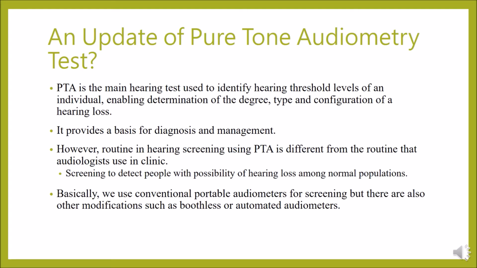On the other hand, screening, compared to a full diagnosis, is a much simpler method as it only identifies who may have a disorder and who is in need of a further assessment. Thus, routine hearing screening is slightly different from what we use in clinics, as we usually perform hearing screening programs in normal populations, most often in newborn screening programs, in rural areas, in school settings, or in high-risk areas such as for people who are working in factories or airports.